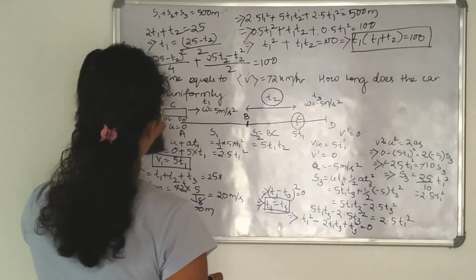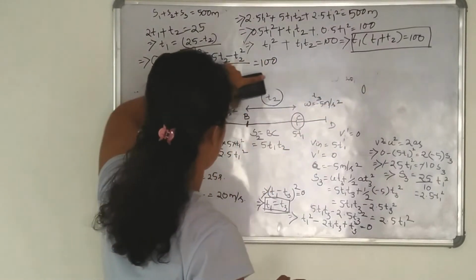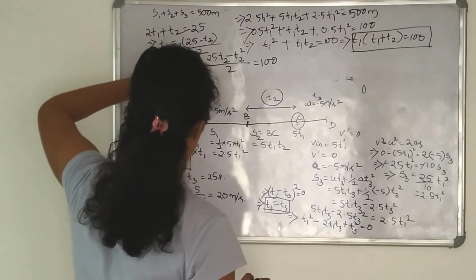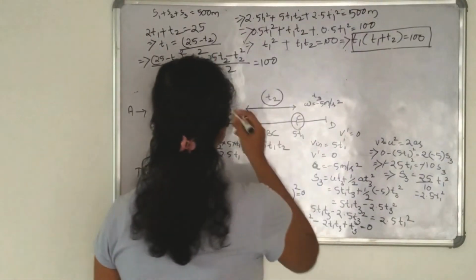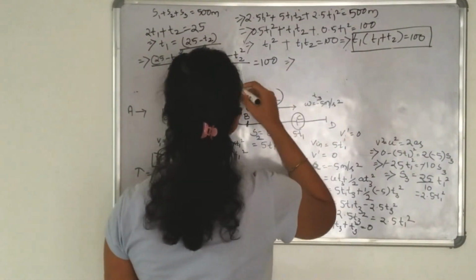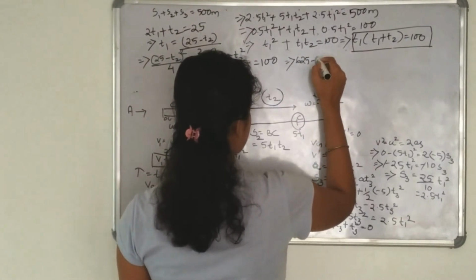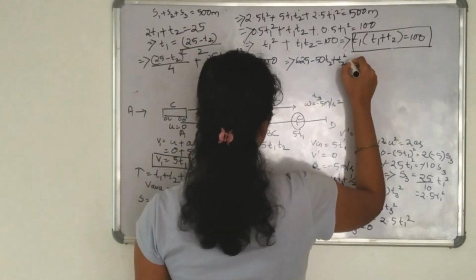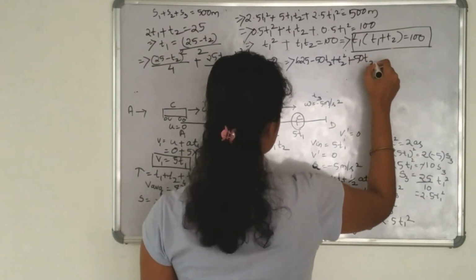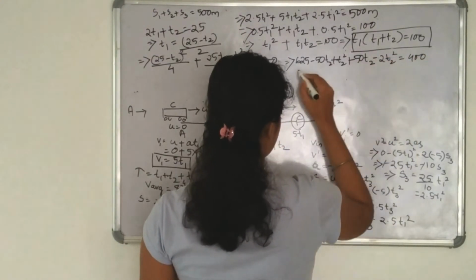I am making some space here also now. If we solve this, we get 625 minus 50 T2 plus T2 square plus 50 T2 minus 2 T2 square is equal to 400.